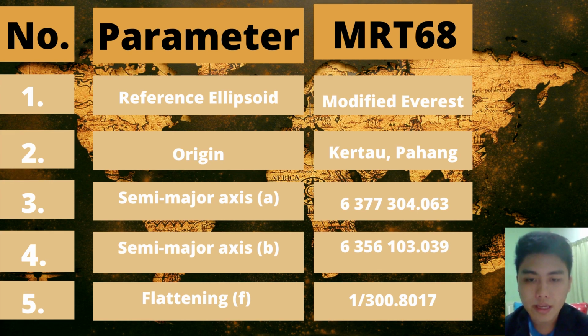The semi-major axis a for MRT-68 is 6377304.036, while the semi-minor axis b is 6356103.039. The flattening for MRT-68 is 1 per 300.8017.